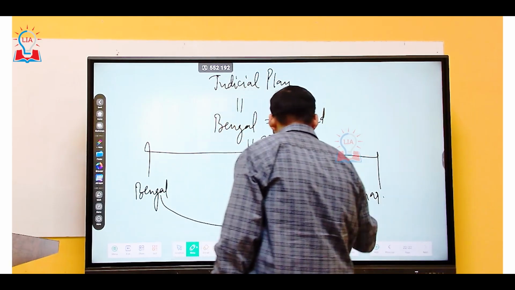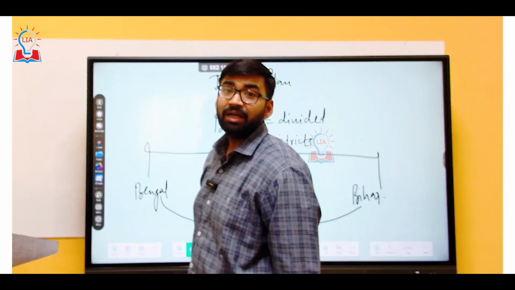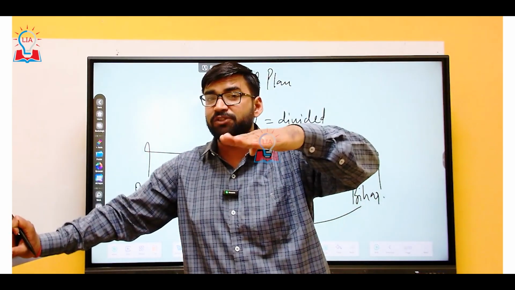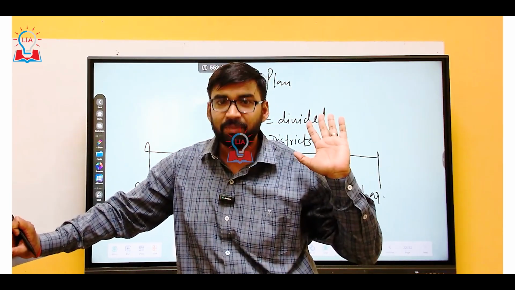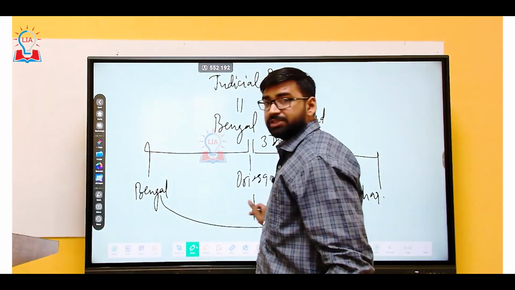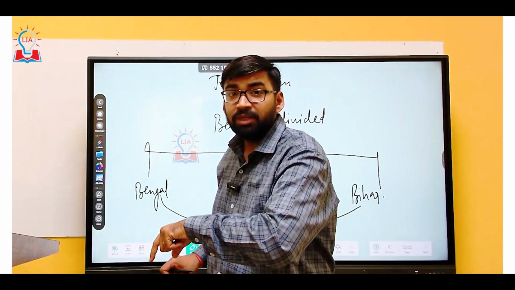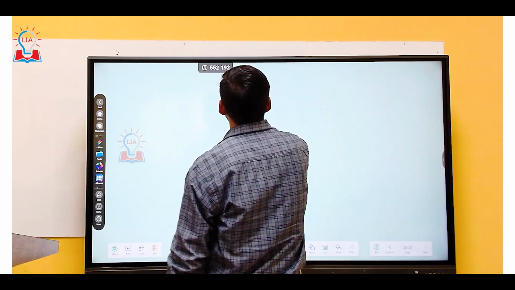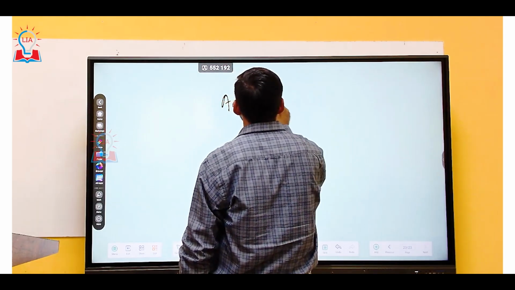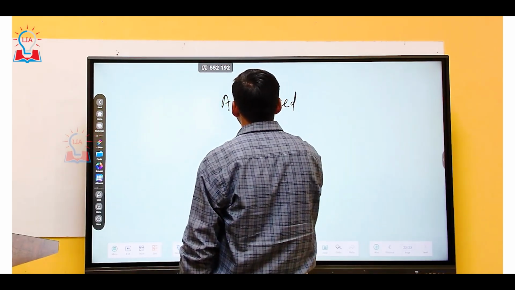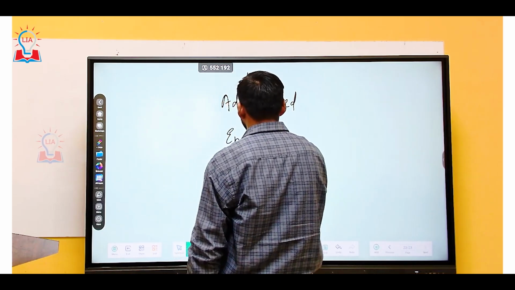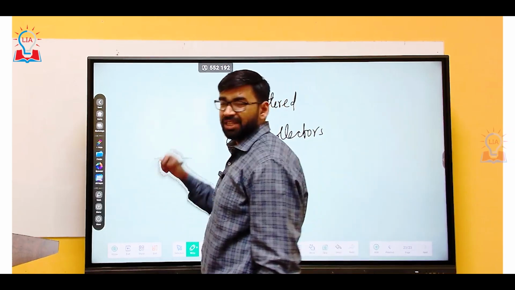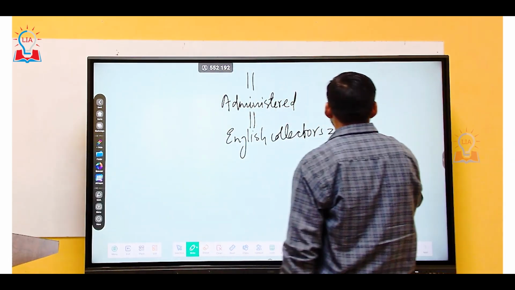These 3 districts were controlled by English collectors. From here the nucleus of civil services was laid down. Getting my point? The 3 districts will be administered by whom? English collectors. These collectors were appointed for collection of revenue.